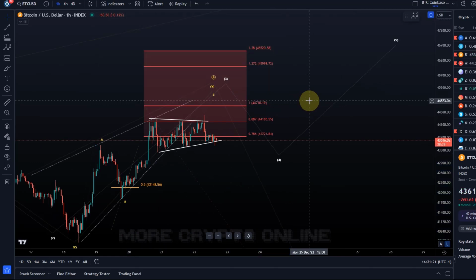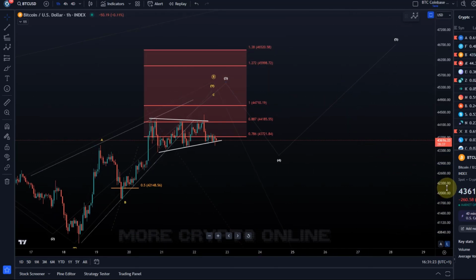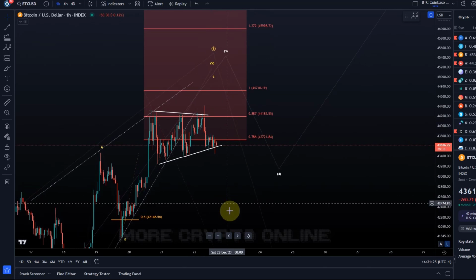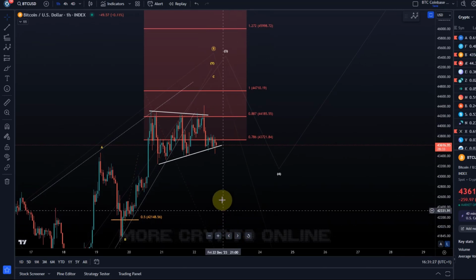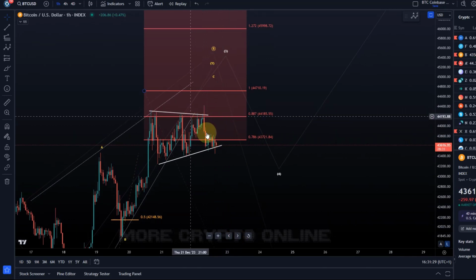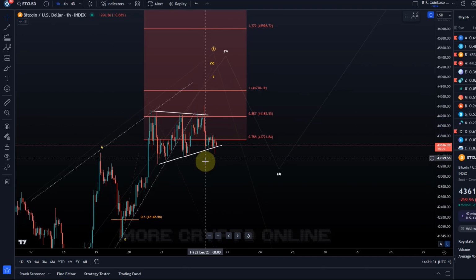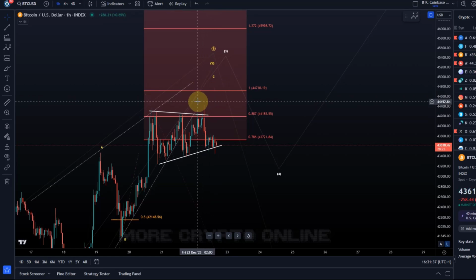Okay, if it doesn't get it, fine. Either way, it's preferred for the price to come down. Within this scenario, surely it could get another high, but we're talking about maybe a few $100 above the last high.